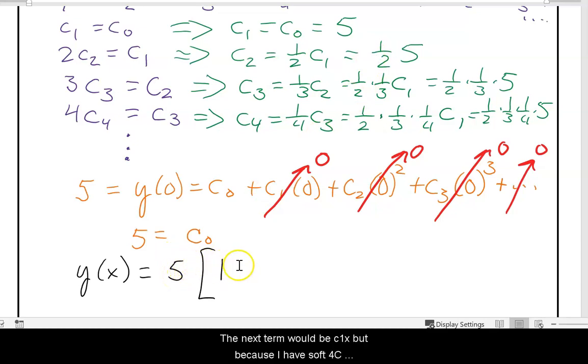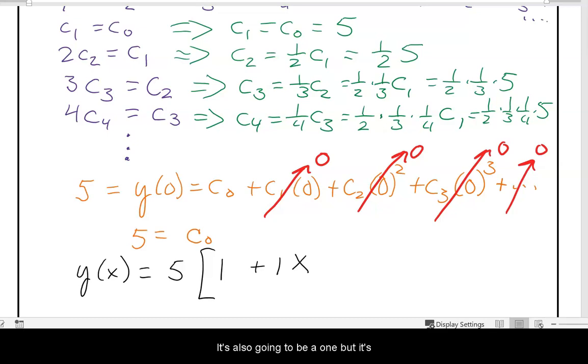The next term would be c1x, but because I have solved for c1, I know that c1 is the same. It's also going to be a 1, but it's multiplied by x to the first. There is a pattern in that each of these looks like it is a factorial. So we could write the factorial pattern here as 5 divided by 2 factorial.